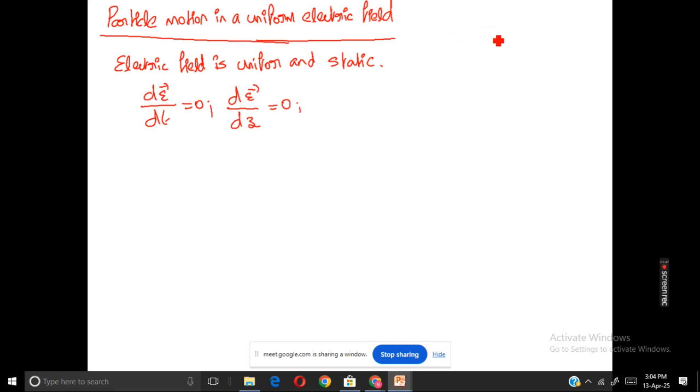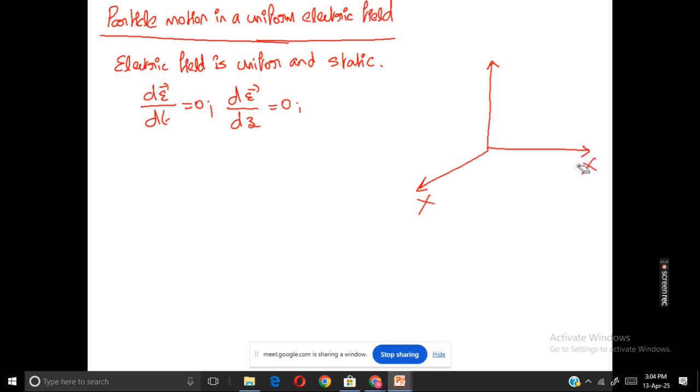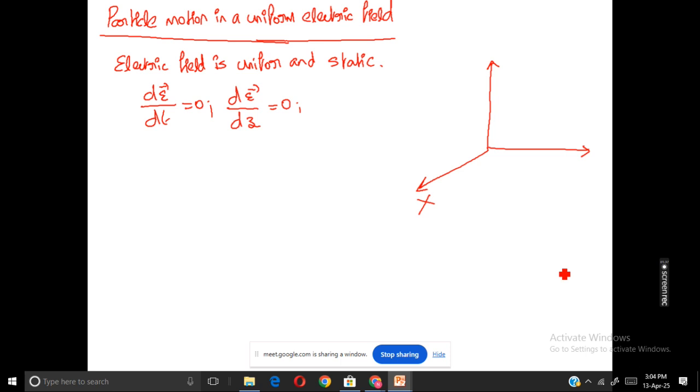Now consider the electric field. Let this be your x, y and z direction. A particle is approaching the field with a charge q and mass m.